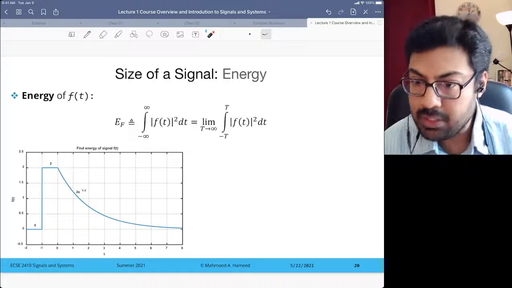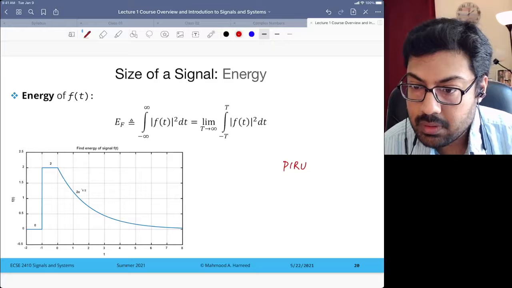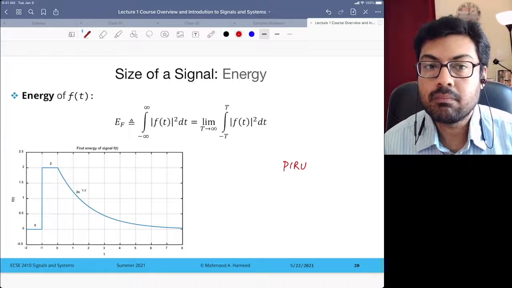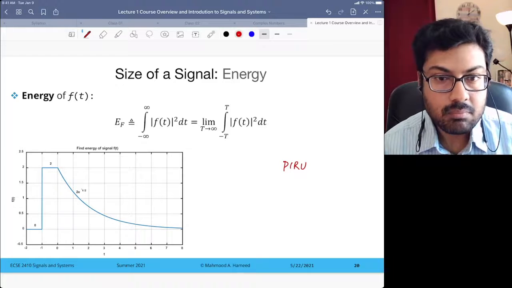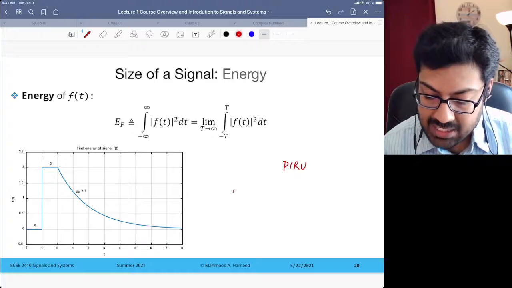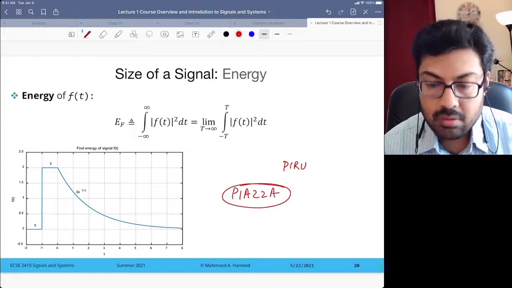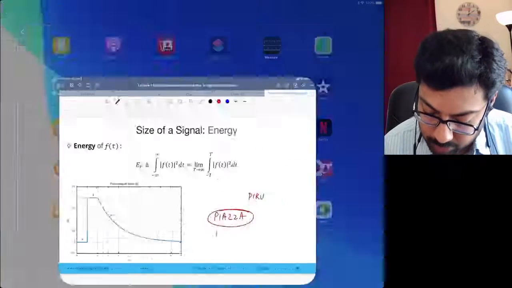Okay, so Piro needs to be added. Yeah, on Piazza there are two sections, right? There is a lecture slides section. Let me show you.